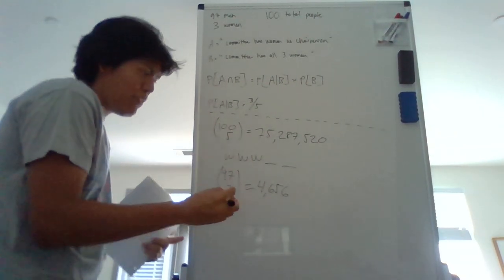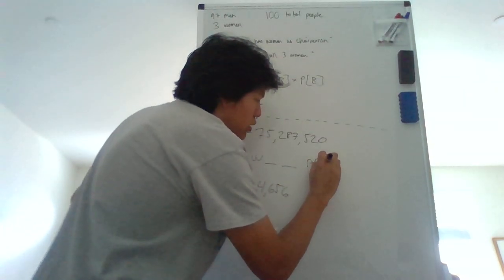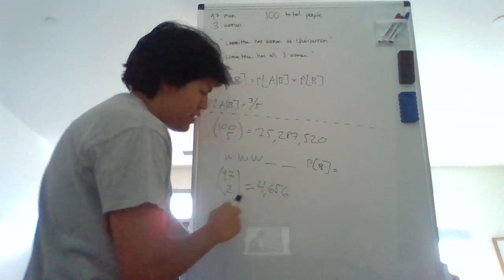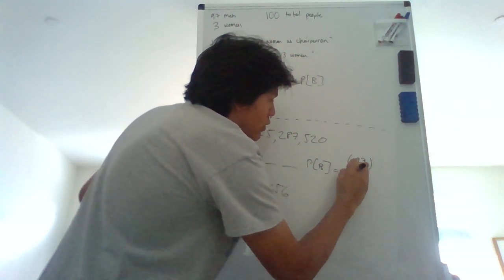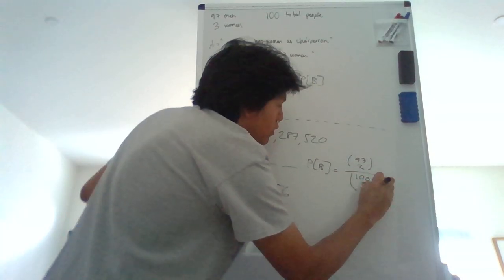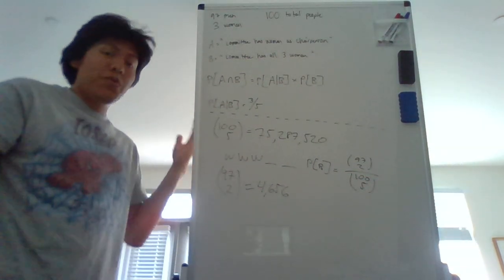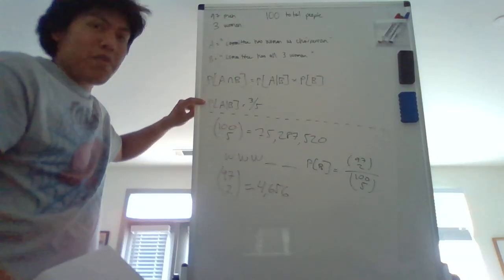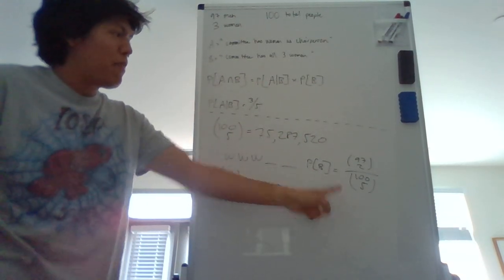So the probability of B in this case would be 97 choose 2 over 100 choose 5. All right, so boom, we have the probability of A given B and the probability of B.